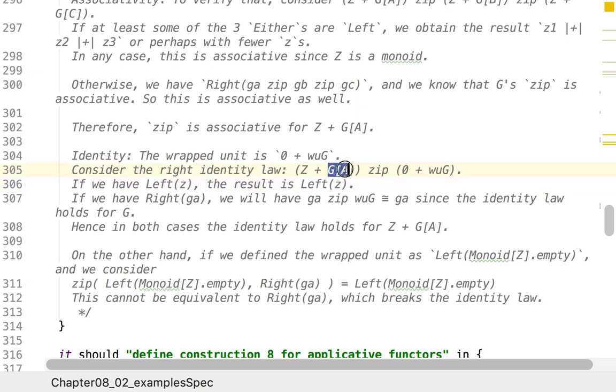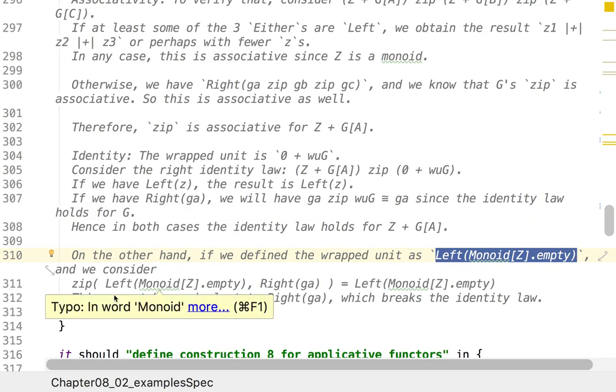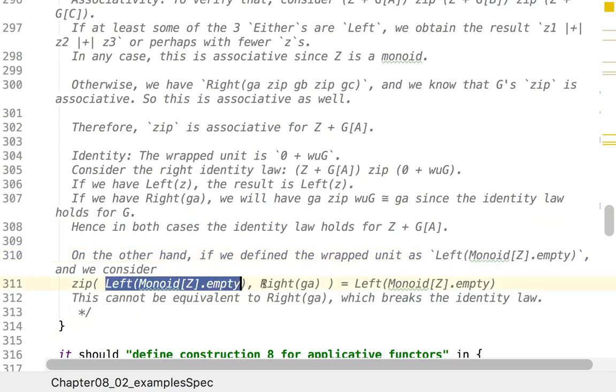If we have GA on the right, and we're zipping it with this, then we're zipping this GA with the wrapped unit, which is equivalent to GA by assumption, since the identity law holds for G. So we have again right of GA, which is equivalent to right of GA. In both cases, the identity law holds. And the same way we check the left identity law. Now, if we define the wrapped unit as a left side of the disjunction, then we consider a zipping of left and right.